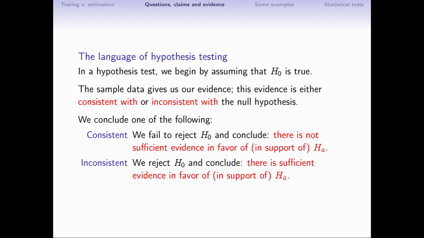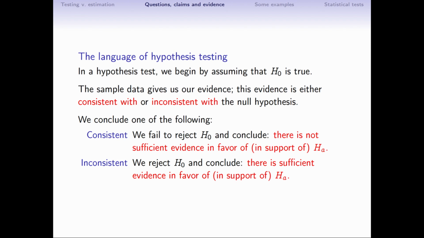If the evidence is consistent with the null hypothesis, then we fail to reject H naught and conclude there is not sufficient evidence in favor of or in support of the alternative hypothesis. Now, if the evidence is inconsistent with the null hypothesis, then we reject the null and conclude that there is sufficient evidence in favor of or in support of the alternative hypothesis.